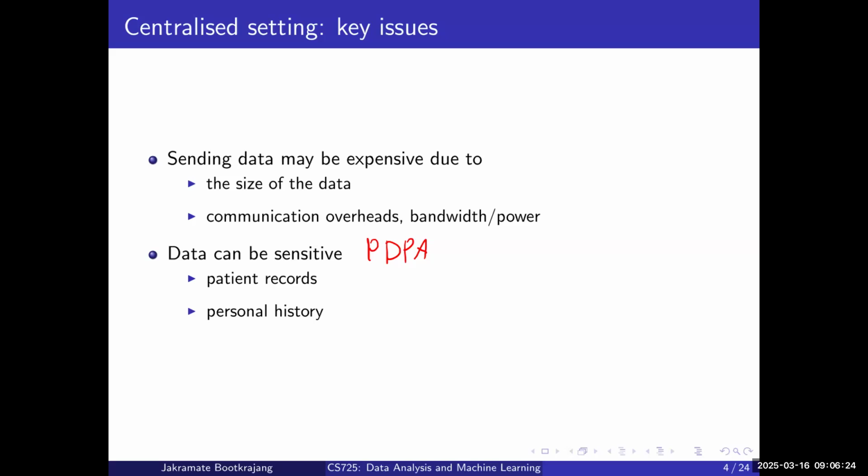I mean, it's a good law to protect your privacy, but from a machine learning perspective, it actually prevents us from learning from a large variety of data. So how can we handle all of these issues?